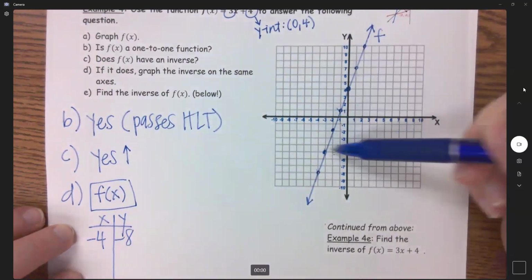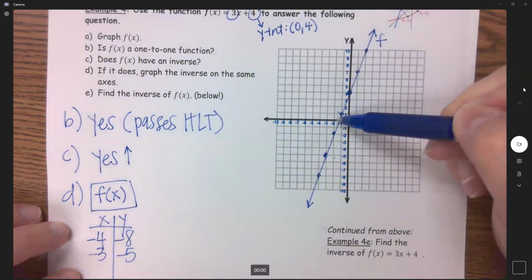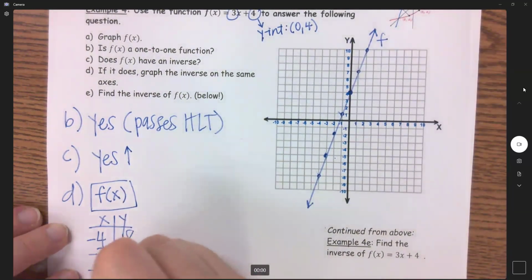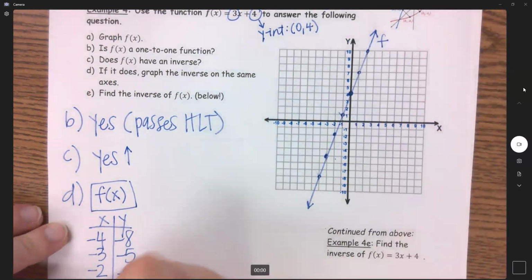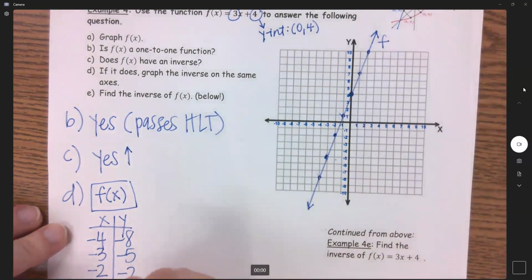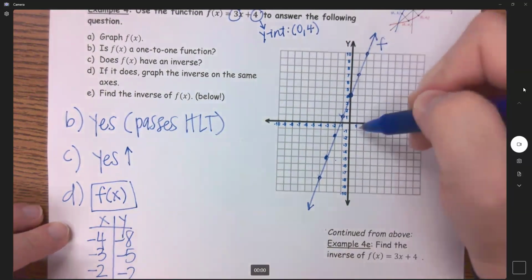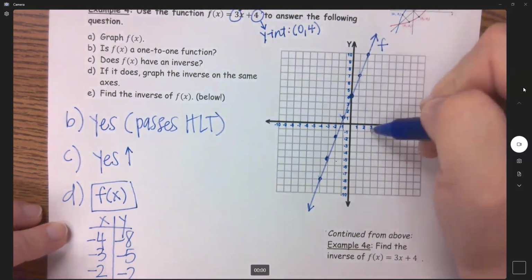Then we've got -3, -5. We have -2, -2. We have -1, 1. 0, 4. 1, 7. And I'm going to cram in here a 2, 10.